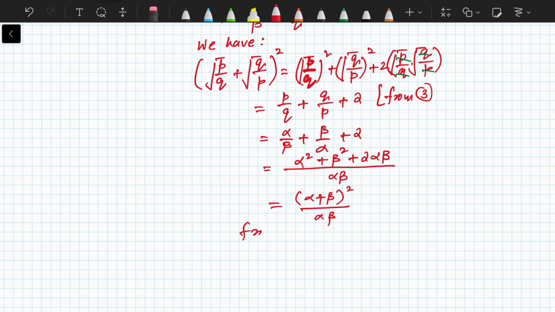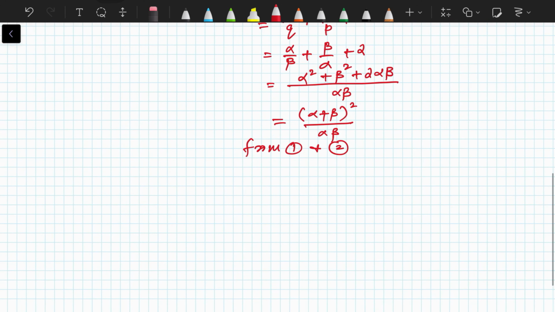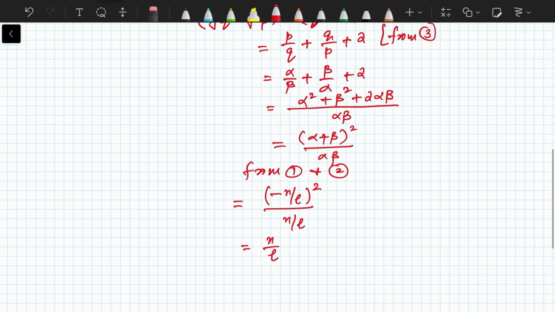So now from number 1 and 2, I can replace the sum and product of these two roots. So that's going to be equal to negative n over l whole square, that's the sum of roots, over n over l. So one n over l is going to be cancelled. So this is equal to n over l, just 1.